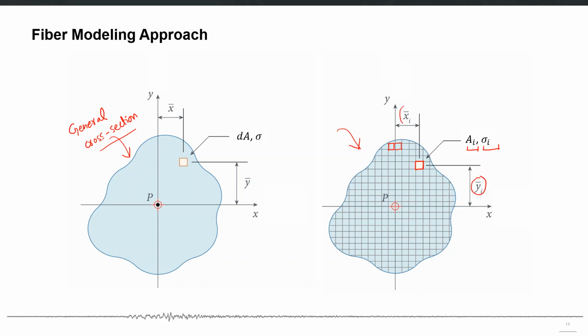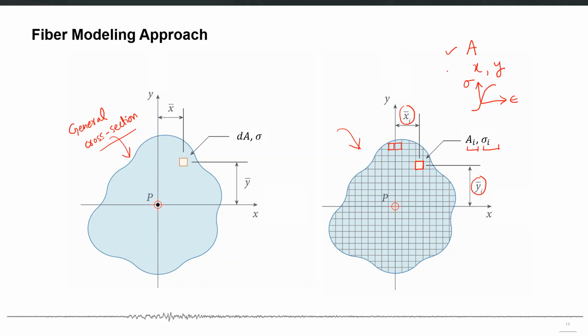and xi in the x-axis. So each fiber or part of that cross section will have an area, will have the two coordinates x and y, and will also have the stress strain relationship assigned to that particular fiber. So sigma and epsilon relationship will be assigned for that particular fiber.